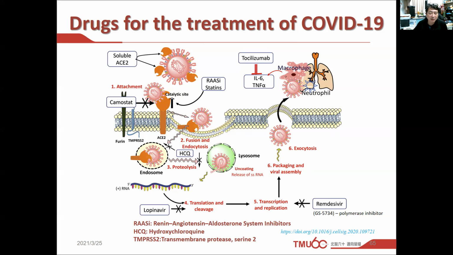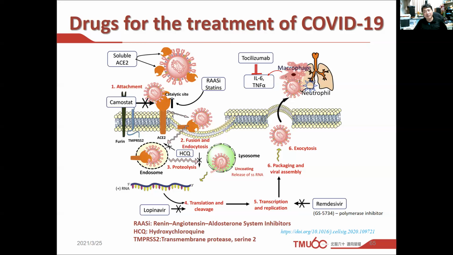And second, we can use inhibitors to block translation or transcription, for example lopinavir and remdesivir, which can block their transcription. And later on, we can use anti-inflammatory inhibitors or a cocktail of drugs to block IL-6.